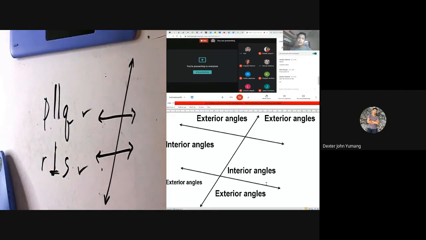Exterior, from the word exterior, nasa labas. Interior, ano ba ang in sa Tagalog ng in? Sa loob. Interior angles naman kapag nasa loob. Exterior angles kapag nasa labas. Okay? Yan po yung nabubuong angles kapag merong transversal na nag-cut sa parallel lines. Okay? Please copy the figure, then type done if you're done.